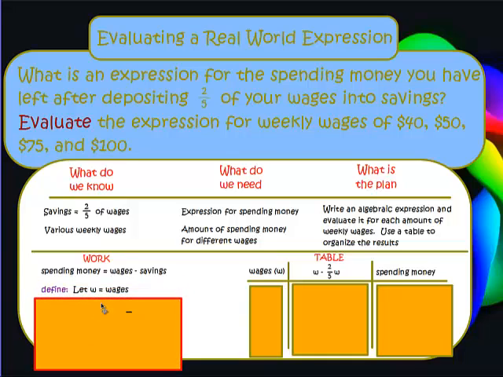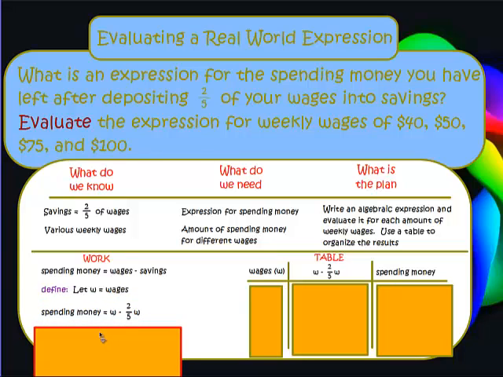So we're going to define something. We're going to say let W equal wages, because I'm not going to write a math equation with the word wages in it. I want a variable, so I'm defining a variable to be my wages, and I just happen to pick W because it has the same starting letter as wages. This is called a let statement.